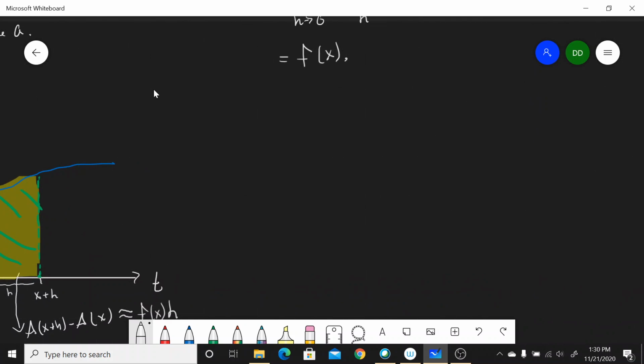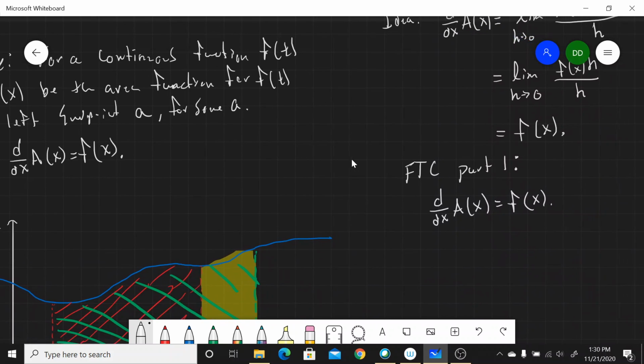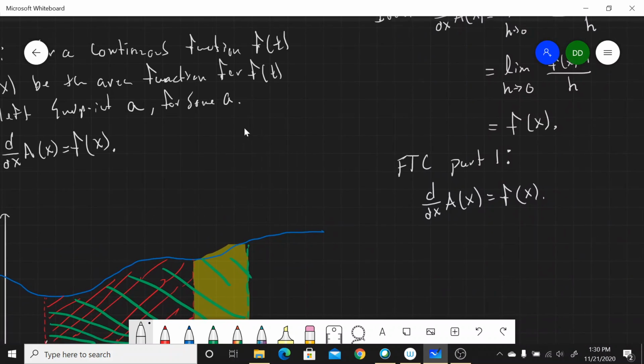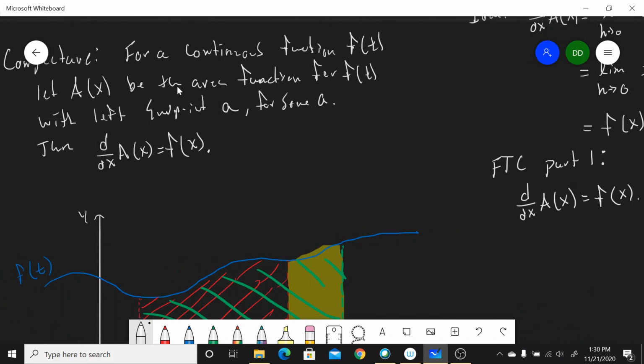So let me say here, fundamental theorem of calculus, part 1: the derivative of A of x is f of x, where I've defined f of x, all these things up here. F is assumed to be a continuous function, left endpoint a.